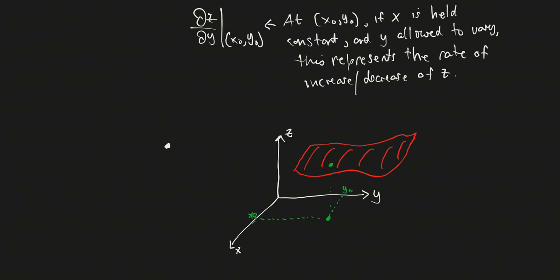For instance, if I slide x0 in the positive x direction, that's going to have an effect on where this point is, which means the z value will change. And then the question is, how does it change?